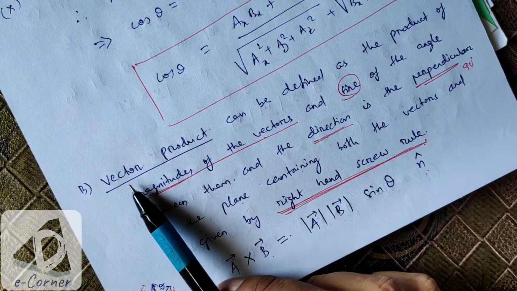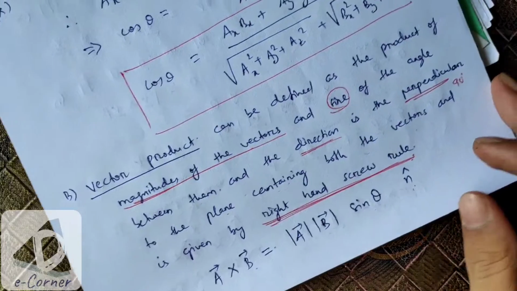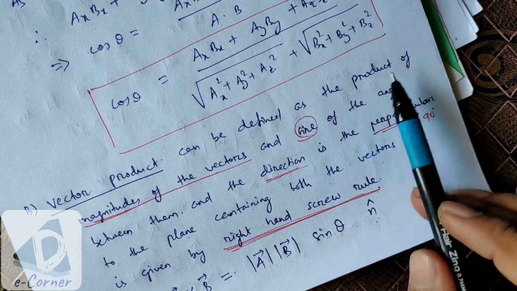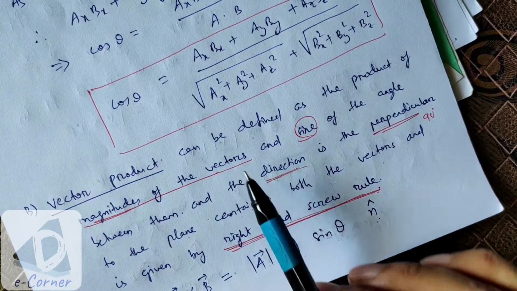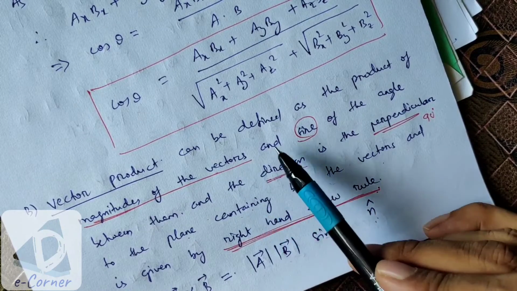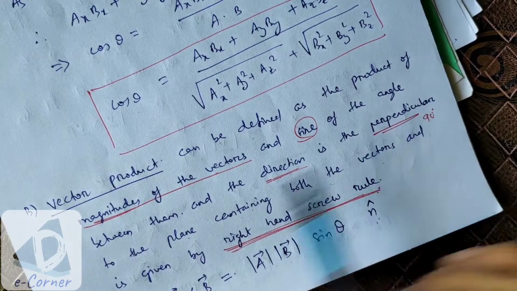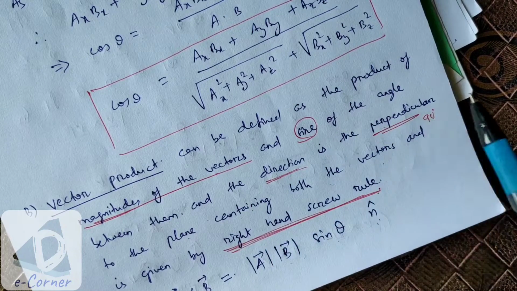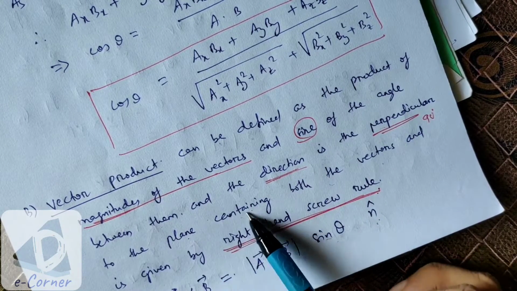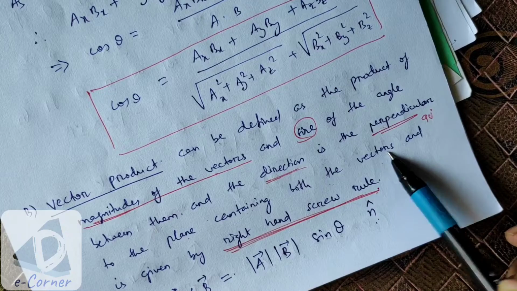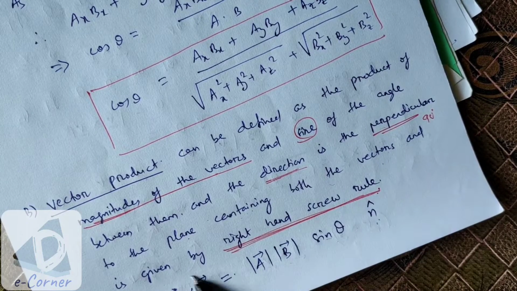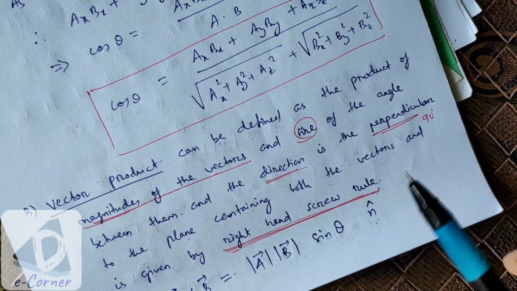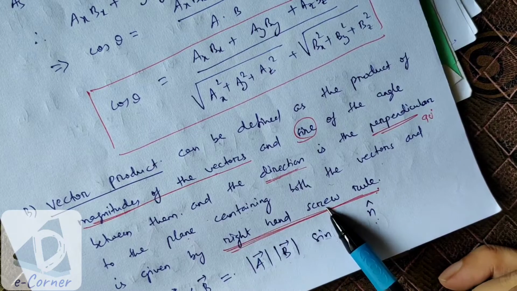Next is the vector product. This is also called the cross product. It can be defined as the product of magnitudes of two vectors and sine of the angle between them. The direction is perpendicular to the plane containing both vectors and is given by right hand screw rule or right hand thumb rule.